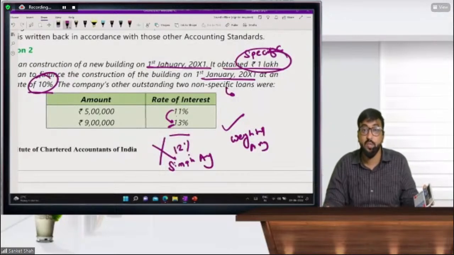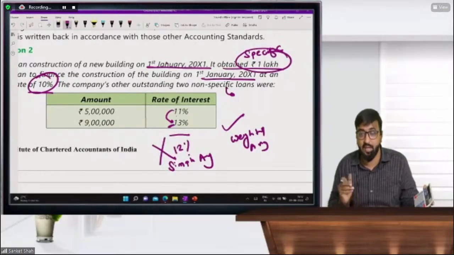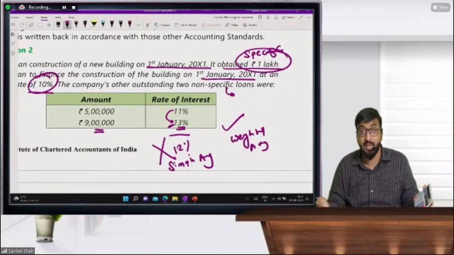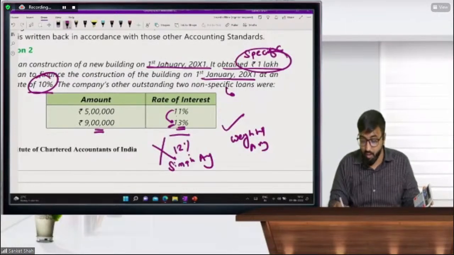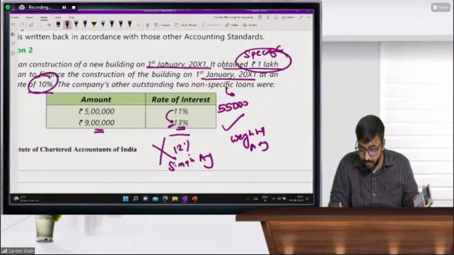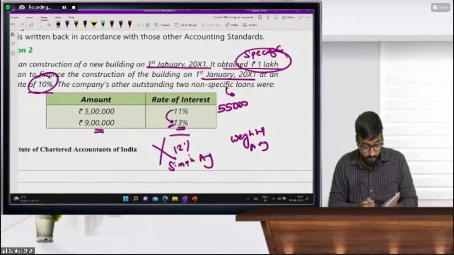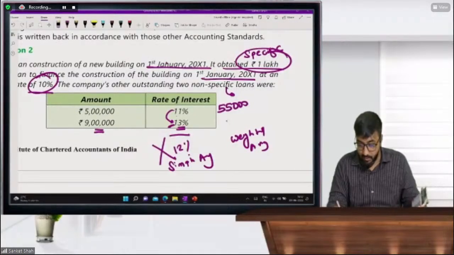So the simple average is 12%: 11 plus 13 divided by 2 is 12%. But where does the weight lean more? Towards 13%. 9 lakhs is for 13%. So take on the calculator: 5 lakhs into 11%, 55,000, and 9 lakhs into 13%, 1,17,000.